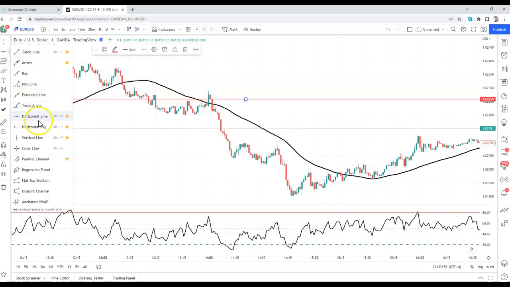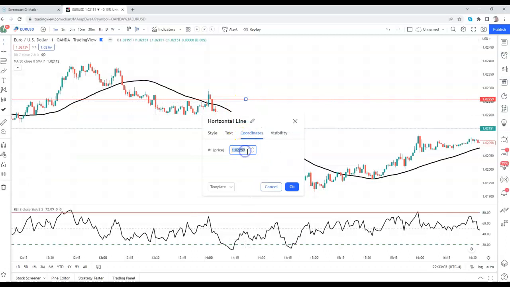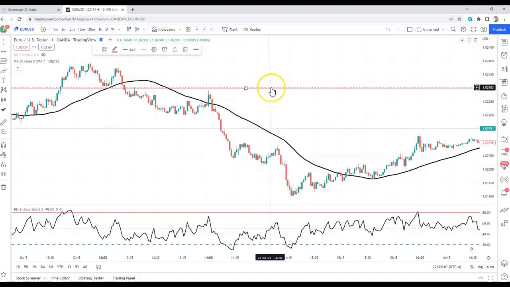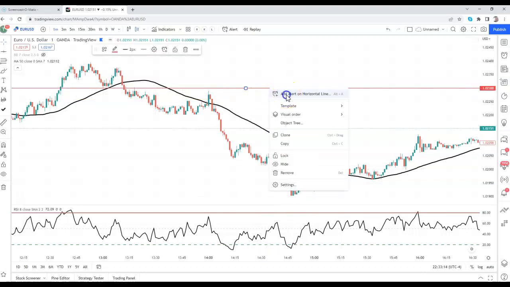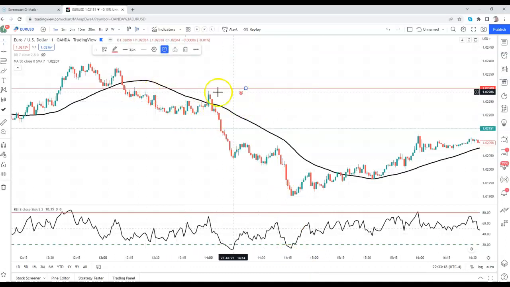Click over here, click the horizontal line, then we double click on it, left double click on it, and all we're doing is changing the last 3 numbers to 300. Click OK, and here is the line now, right? Now what we're going to do is we're going to click and add a horizontal alert. Click on it, boom. So now we know when price comes up here this is our entry.